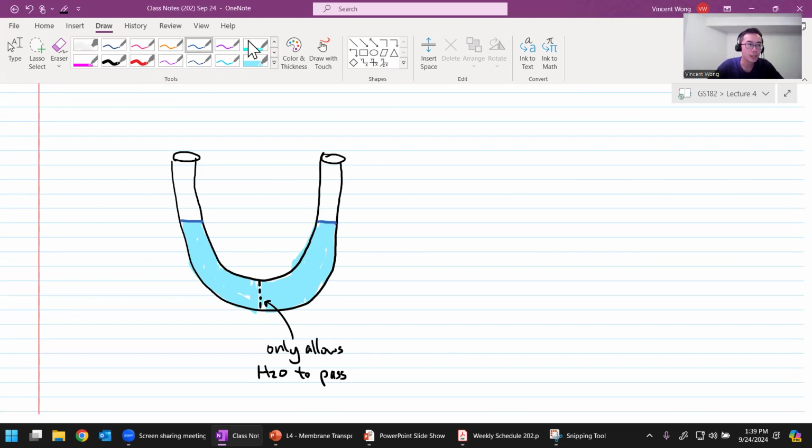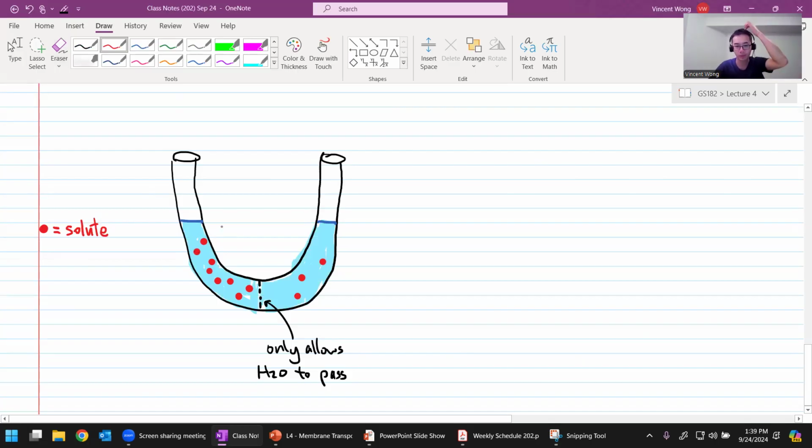Now, on the left side, I'm going to dissolve some solute, and then I'll also dissolve some solute here on the right, but not as much. These red balls are solute. Remember, solute is the thing that's being dissolved, and the solvent here is the water. I deliberately drew the solute very big so that you can remember they cannot cross the membrane. Only water can cross the membrane.